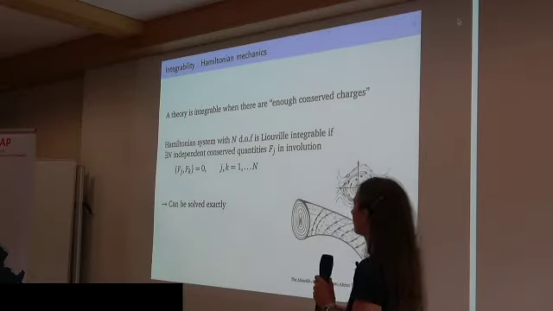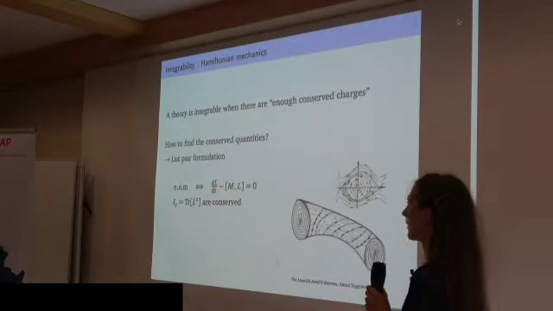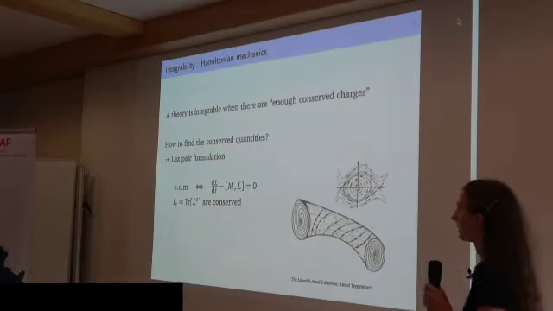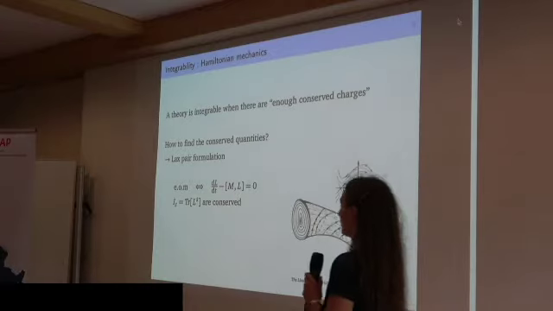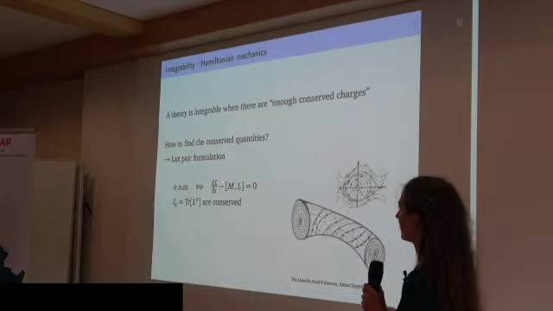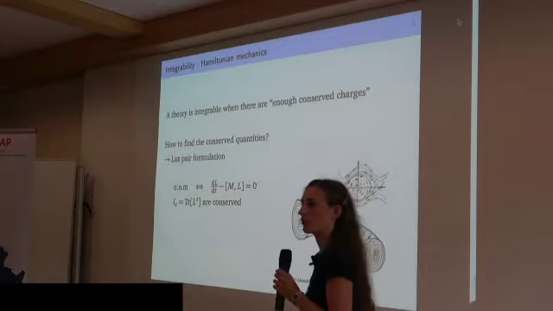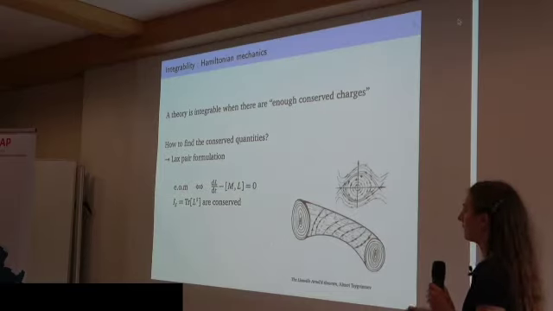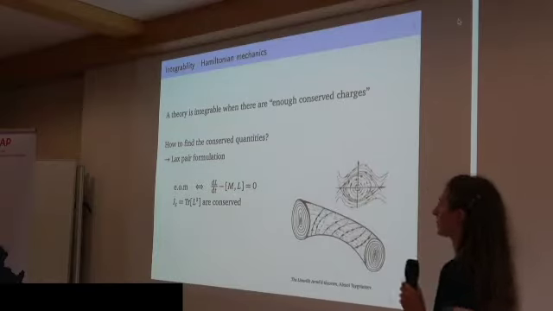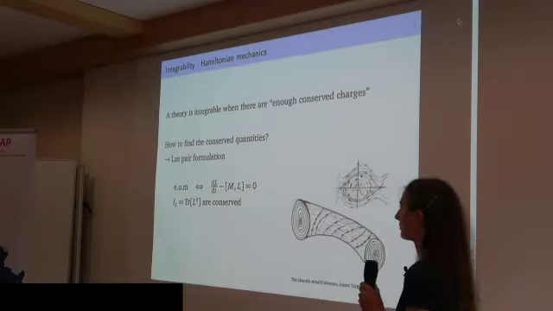Another important formulation of integrability for classical systems is the notion of Lax pair formulation, and this is very useful in order to actually find these conserved quantities that characterize your integrable theory. So the Lax pair is a pair of matrices L and M, and if it is possible to rewrite the equations of motion of your theory in terms of this type of equation, where here the bracket means that you take the commutator between the two matrices, and M and L have entries that actually depend on the phase space variables.